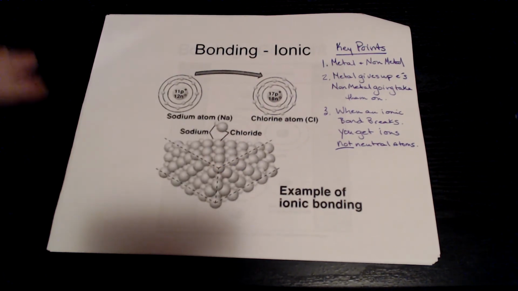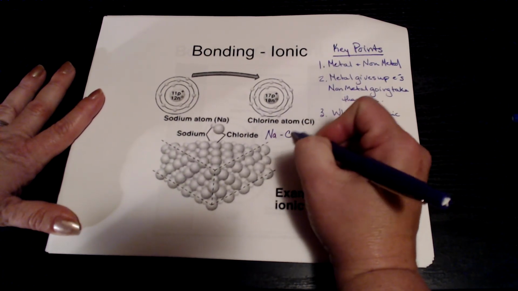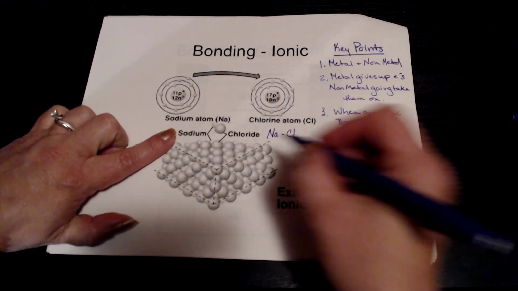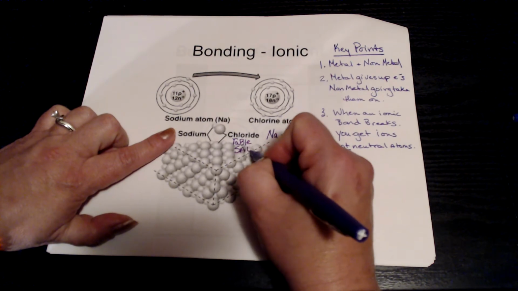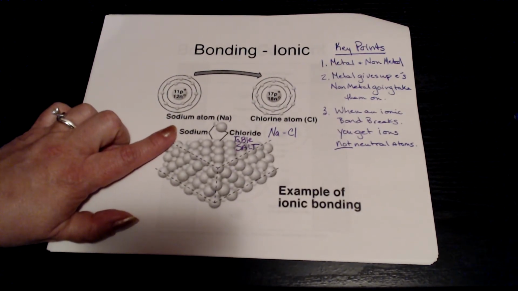And so that's why this bond between sodium and chlorine, making sodium chloride, also known as table salt, happens.